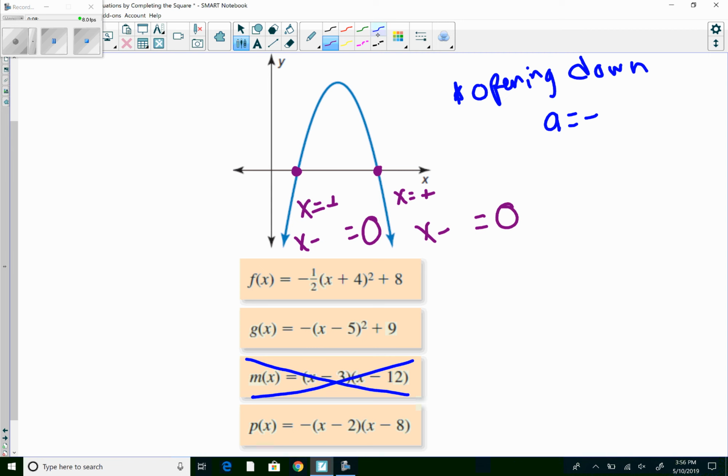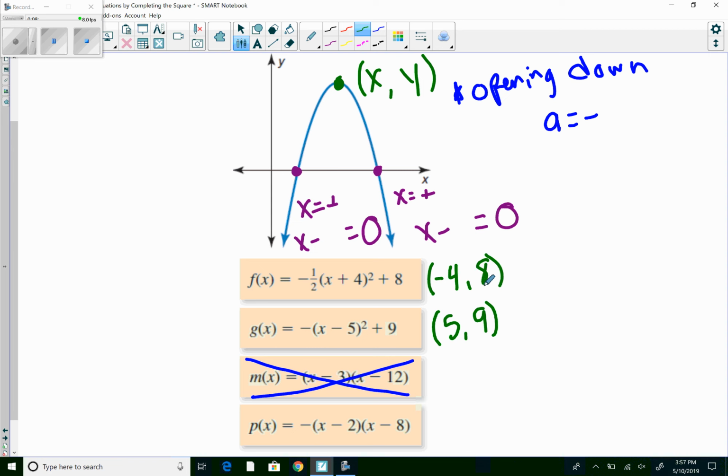Let's take a look at our vertex. Our vertex right now, you guys, should be a positive x and a positive y. If we look at f of x and g of x, right here the vertex is 5, 9. And right here, the vertex is -4 and 8.